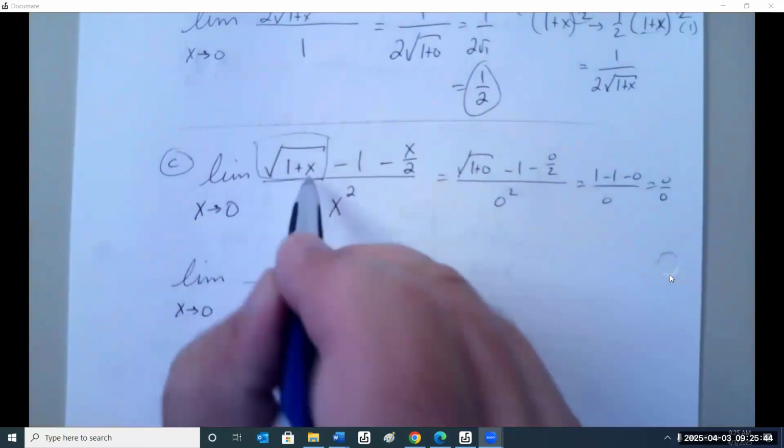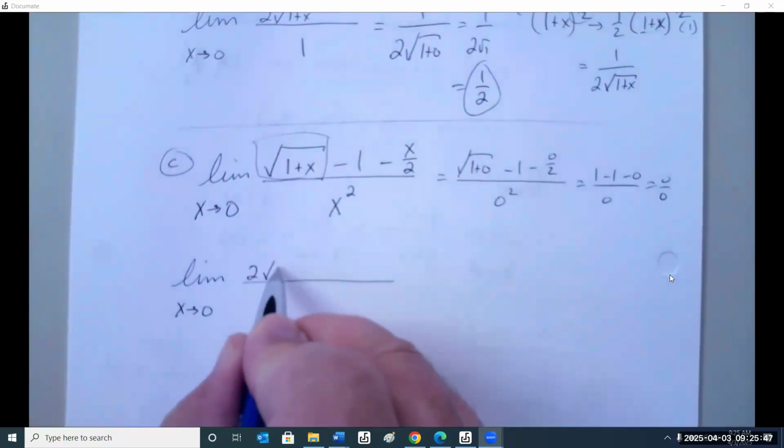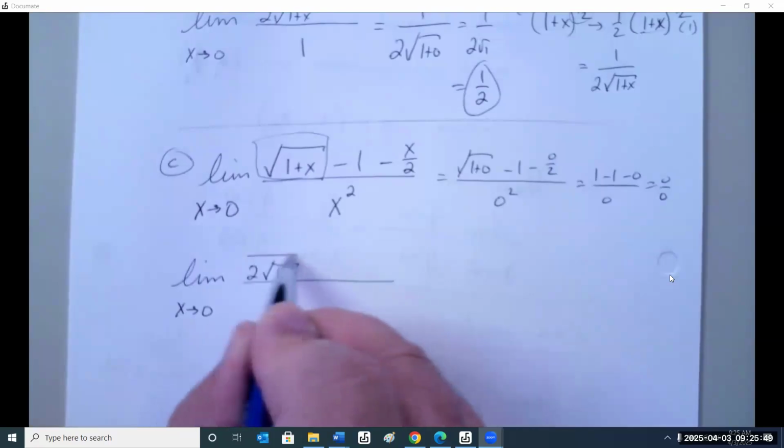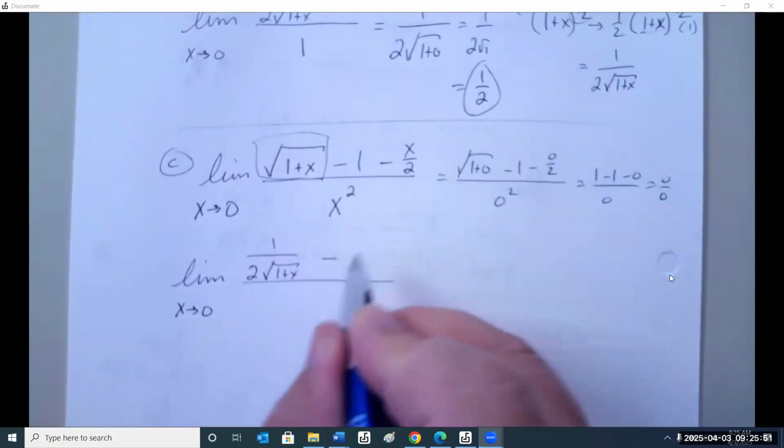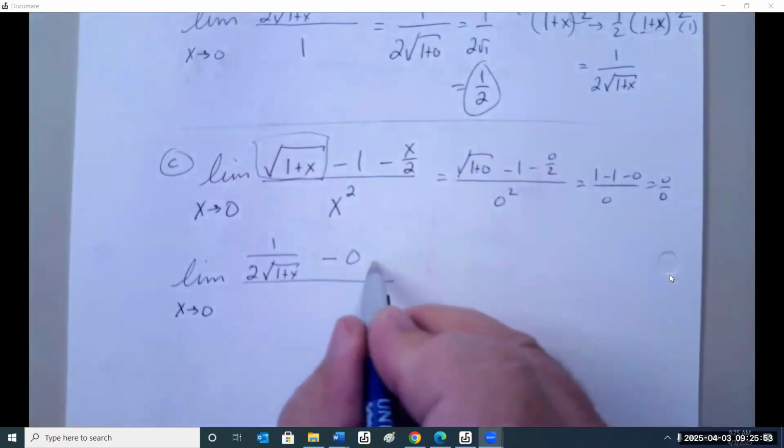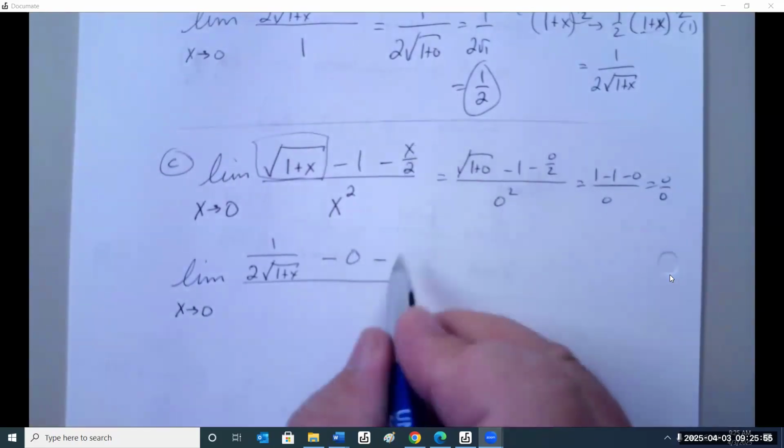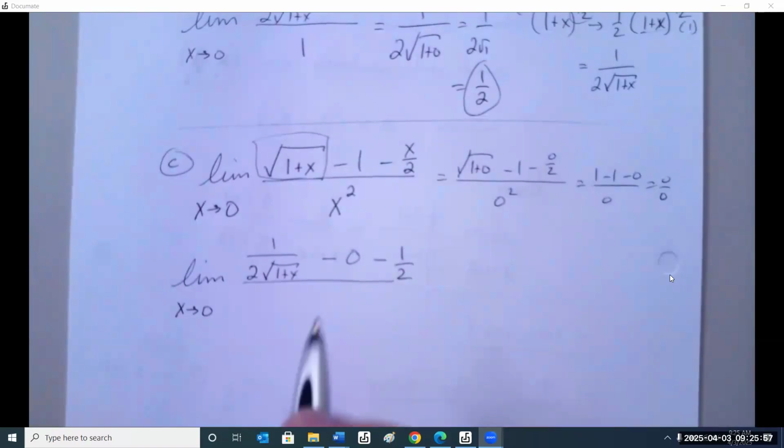We just did this one, so we get 1 over 2 square root of 1 plus x. Derivative of 1 is 0. The derivative of x over 2 is 1 over 2. And the derivative of x squared is 2x.